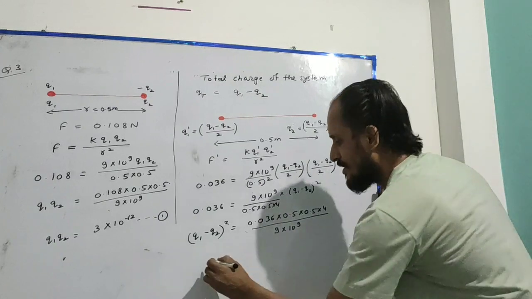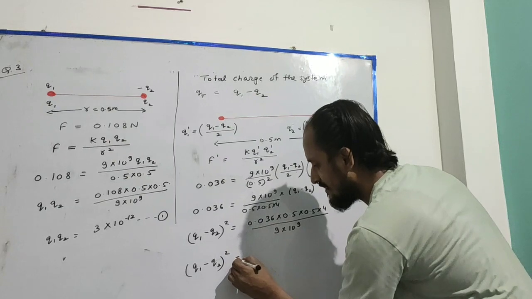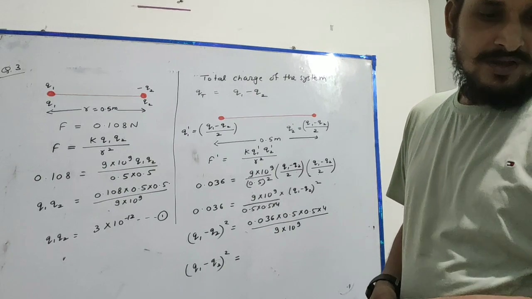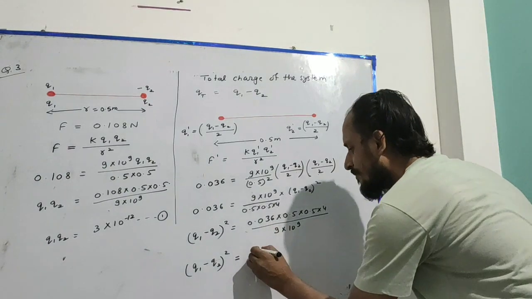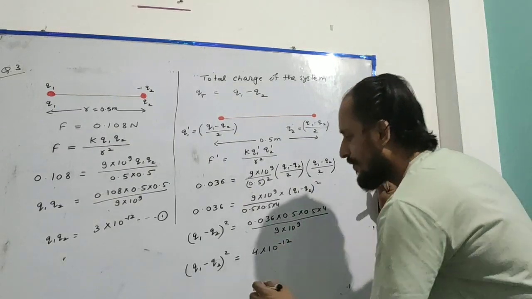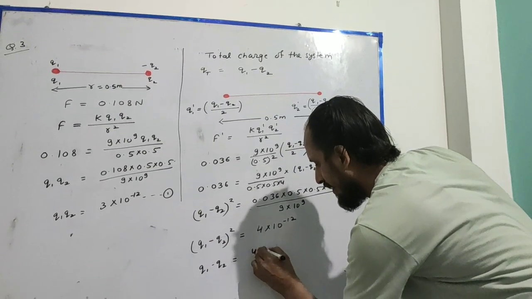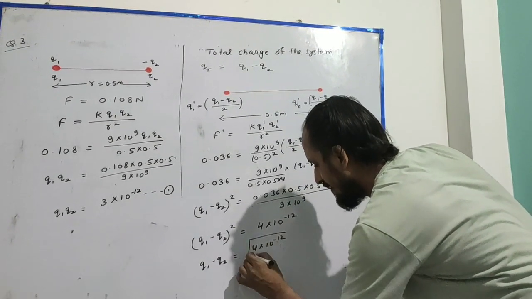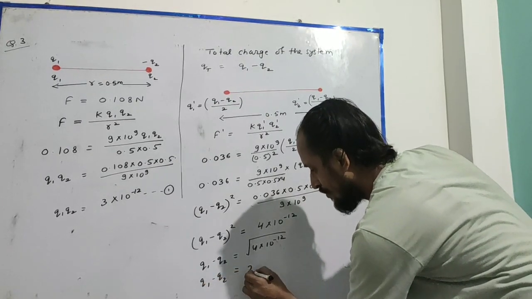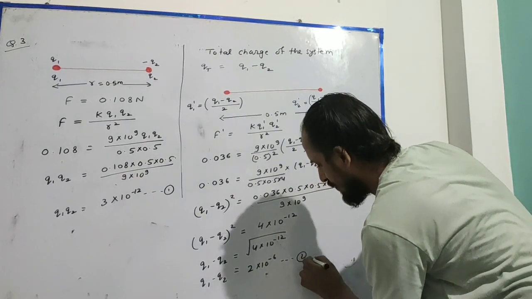So after calculation, (Q1 minus Q2) whole square is equal to, students, calculation you will check yourself, 4 into 10 raised to the power minus 12. Or you can write Q1 minus Q2 is equal to the root of 4 into 10 raised to the power minus 12. So it comes Q1 minus Q2 is equal to 2 into 10 raised to the power minus 6. This is equation number 2.